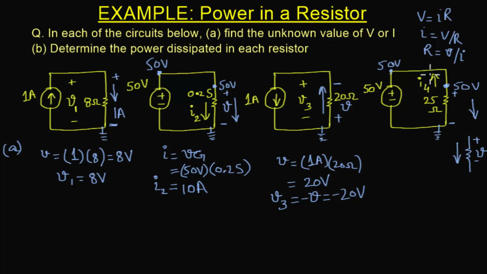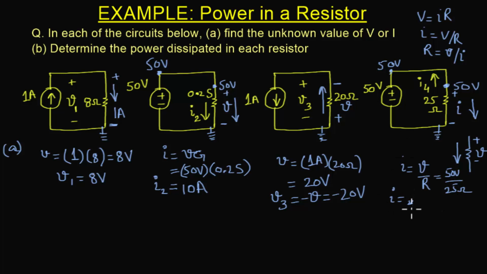And so far, we are totally neglecting the direction of current being asked in the question. So what is this current I? Well, I equals V over R. Now V is 50 volts across the resistor. So 50 volts divided by the resistance, which is 25 ohms.